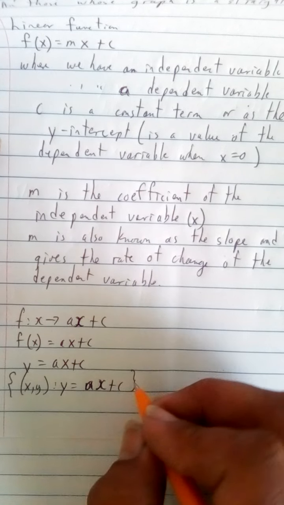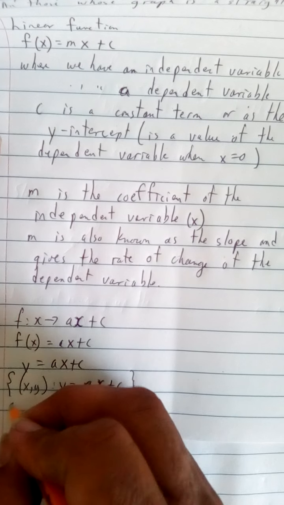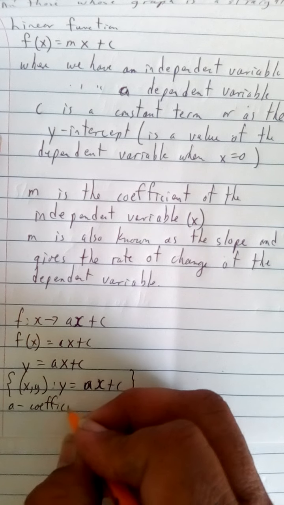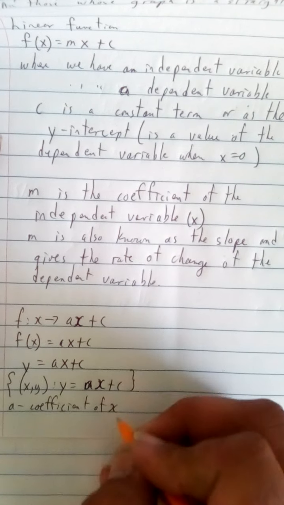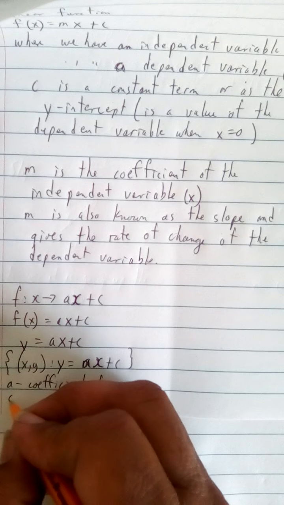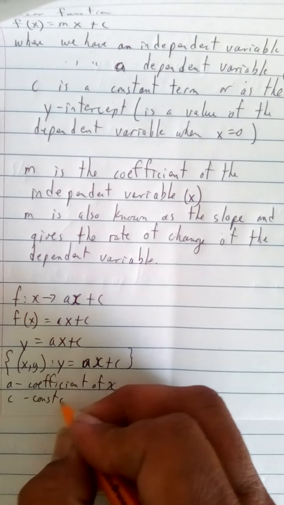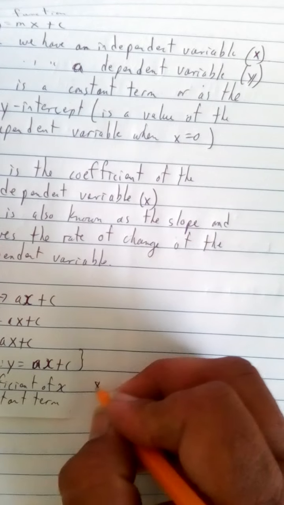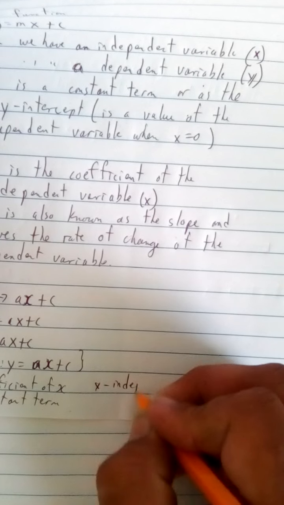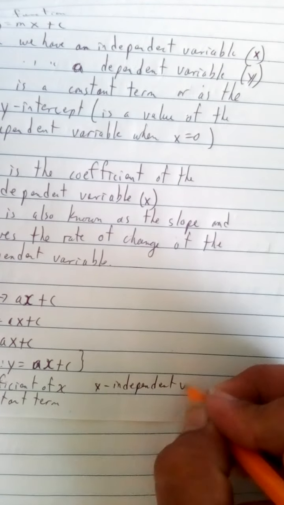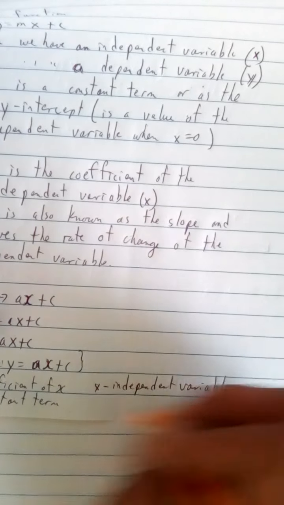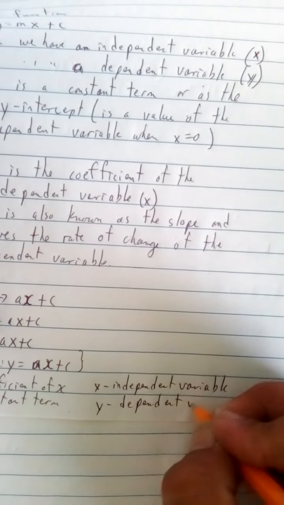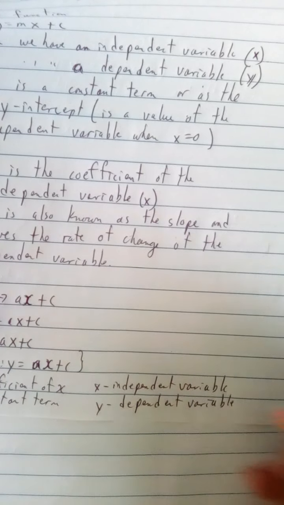Okay, where a is the coefficient of x, c is the constant term, x is the independent variable, y is the dependent variable.